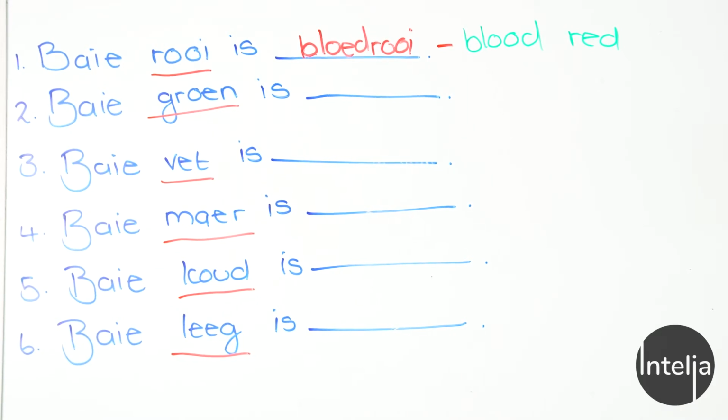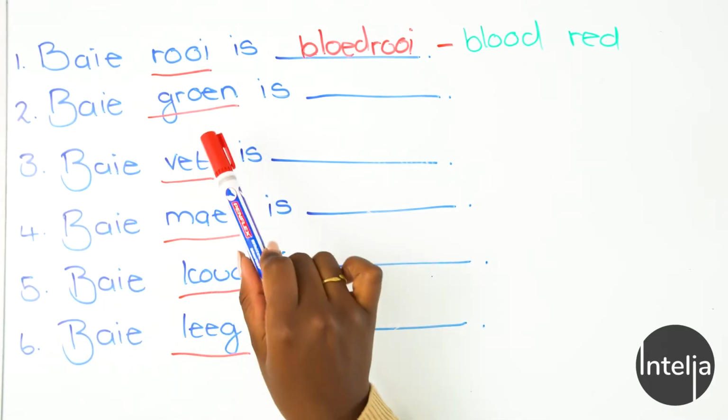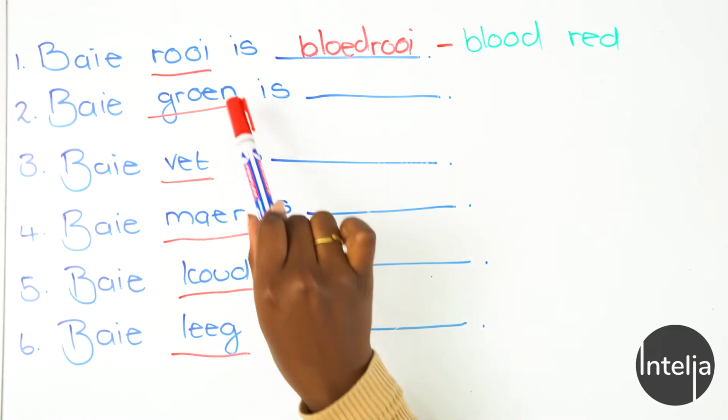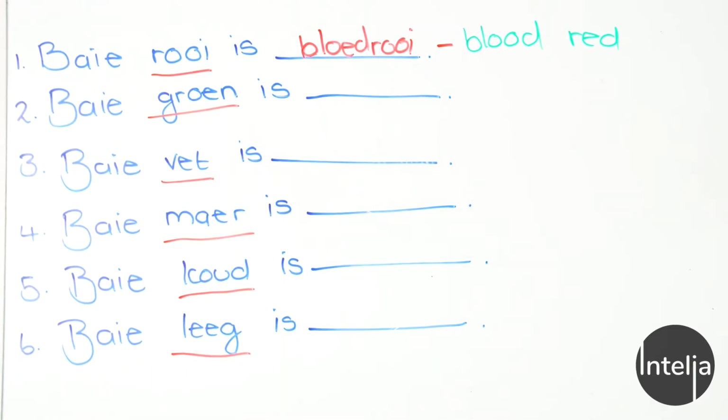Okay. Now we have baie groen. Our focus point is groen, which is green. What do you think is really green that we can put together with green to describe something that's really green?